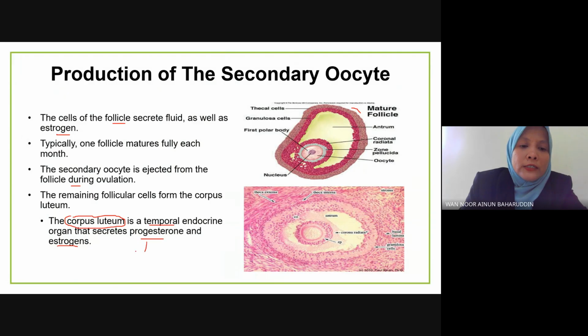This means that not only the ovary itself can secrete progesterone and estrogen, but the corpus luteum can also temporarily secrete progesterone and estrogen.